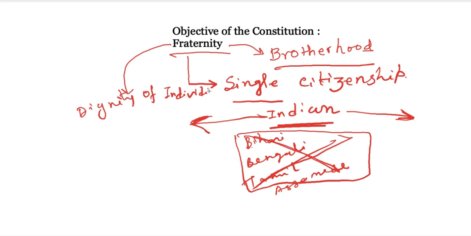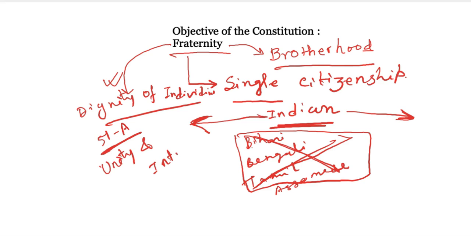In Article 51A, fundamental duties, you will see there is a provision that says we cannot make derogatory comments towards women. That ensures dignity, and it also ensures unity and integrity.